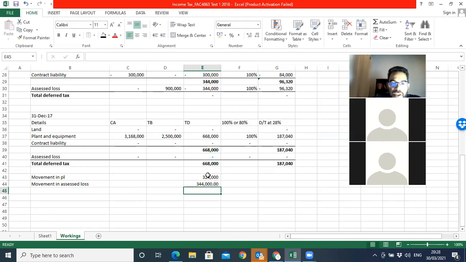The only thing we take through is the movement in P&L. We don't take the assessed loss into account when we do the tax calculation.